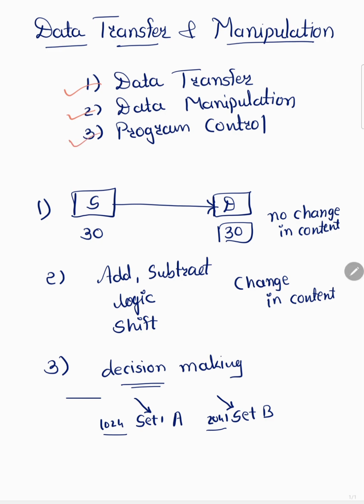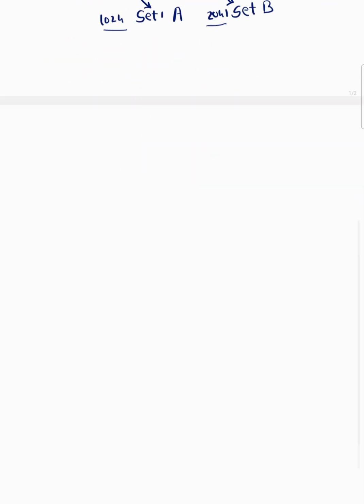So these are the basic things: what is data transfer instruction, what is data manipulation instruction, and what is program control instruction. Now which are the data transfer instructions we have? We'll just quickly go through this.